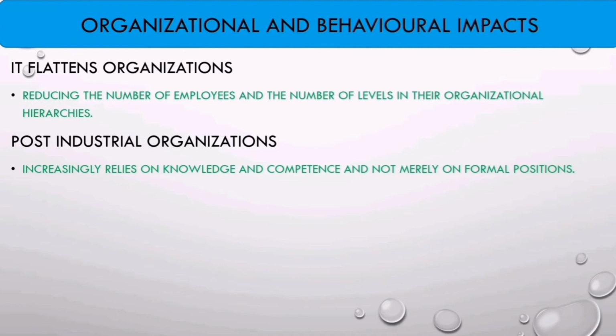In the slide, the post-industrial organization relies on knowledge and competence and not merely on formal position. It may encourage task force networked organizations, in which groups of professionals come together face to face or electronically for a short period of time to accomplish a specific task, for example, designing a new automobile.